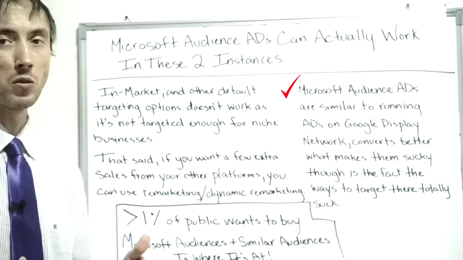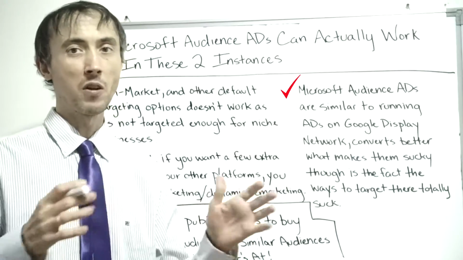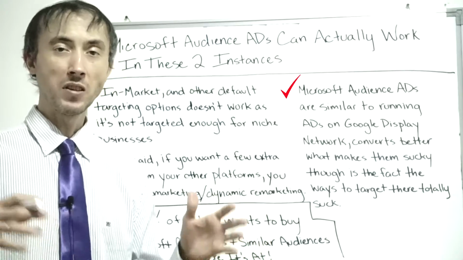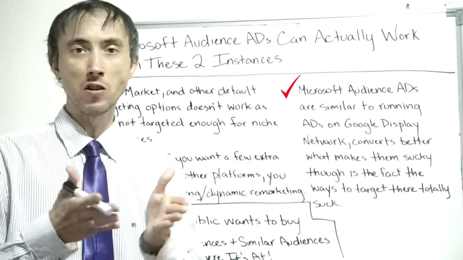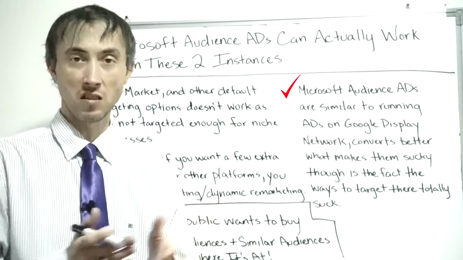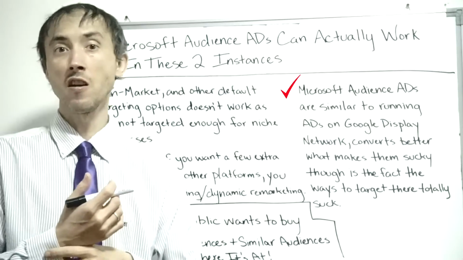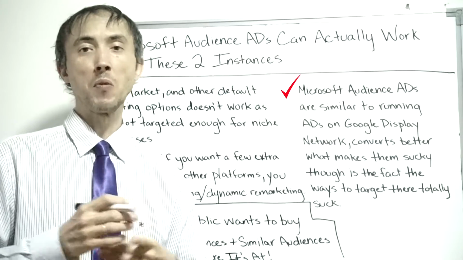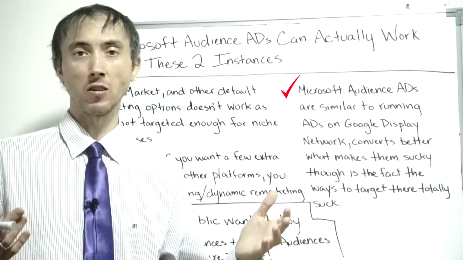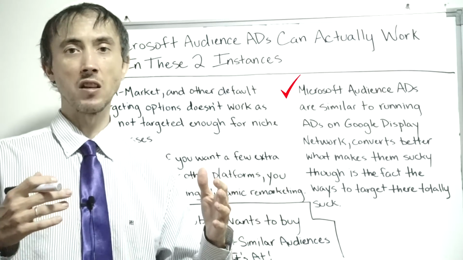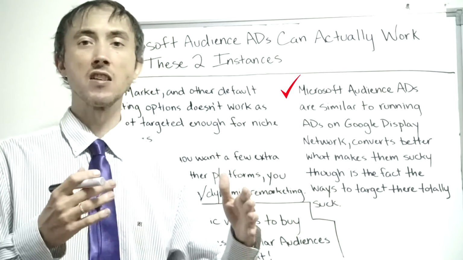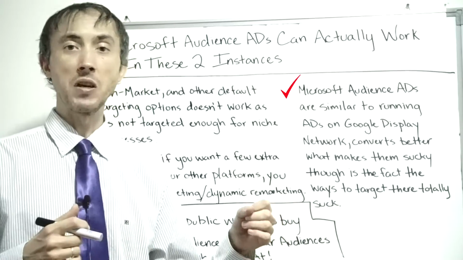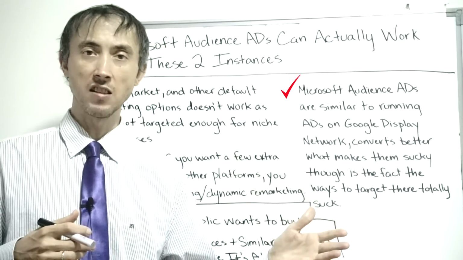However, if you know anything about Google Display Network ads, they don't convert worth the hell, except if you really narrow your targeting for most niche businesses anyway, which most businesses are niche businesses, and most people watching are niche businesses. So for all practical purposes, Google Display Network is one of the later things you want to try, and it doesn't usually work that well because there's a lot of bot clicks on these ads.